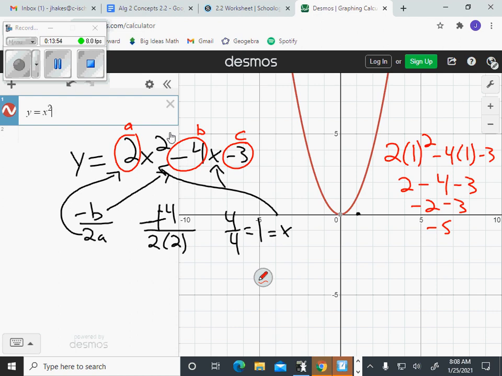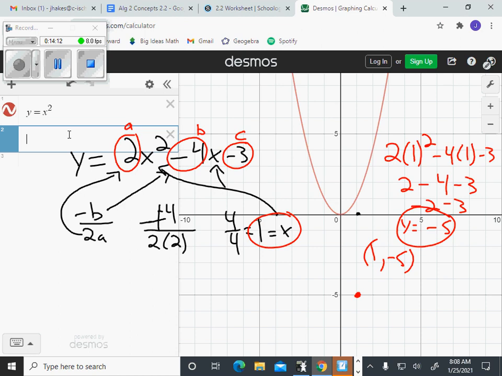So our vertex is at 1, negative 5, which should be right down here. There's our vertex.